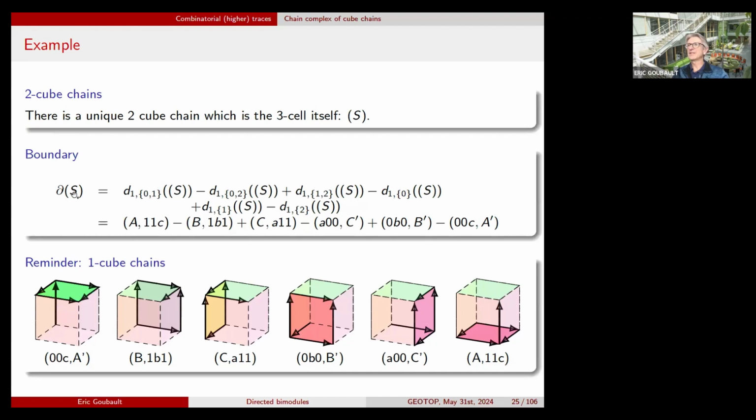The boundary of this cube chain, which is just made of the cube itself, is just going to be the alternate sum of the 6 one cube chains you had before. So basically, the boundary of the cube itself is going to be the alternate sum of these 3 surfaces, right? So it just gives you a way to see the boundary of the sphere in some combinatorial manner using only directed surfaces. Okay.